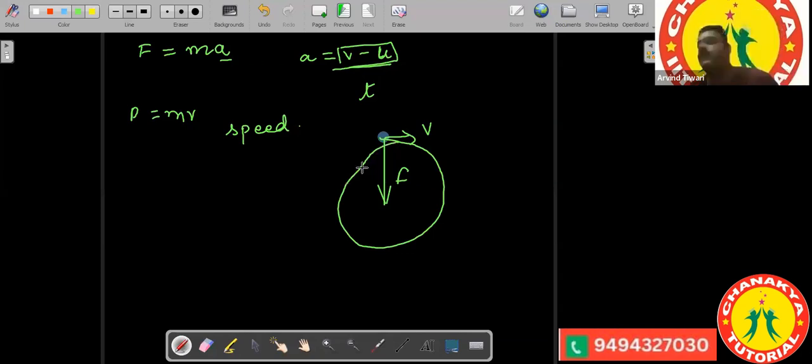The magnetic field will just change the direction of motion. It will not change the magnitude of velocity. So your correct options are option number 3 and 4.